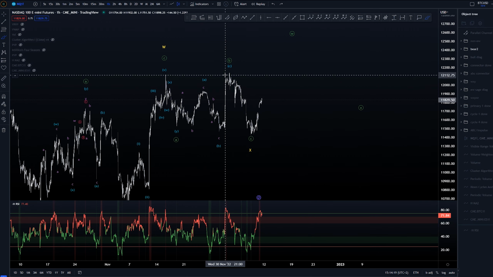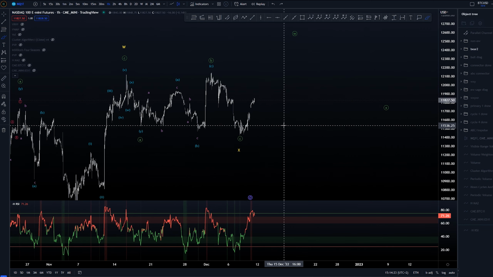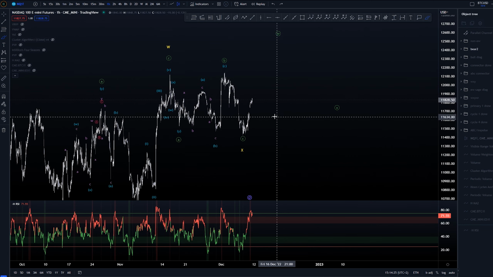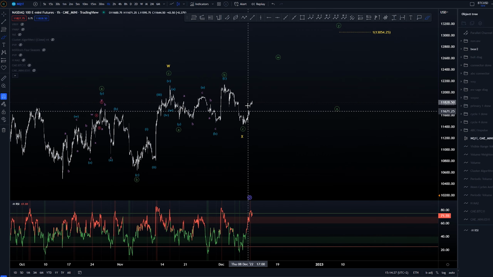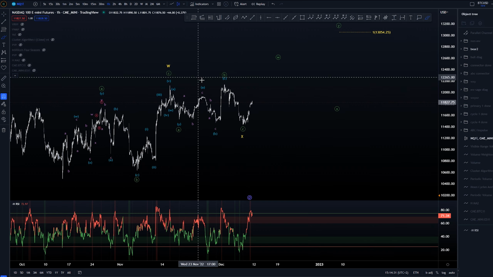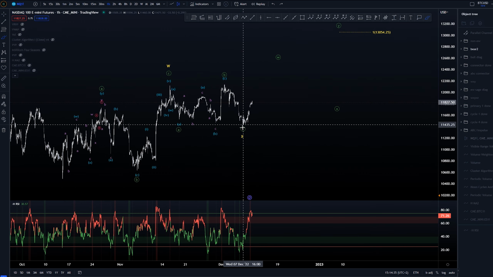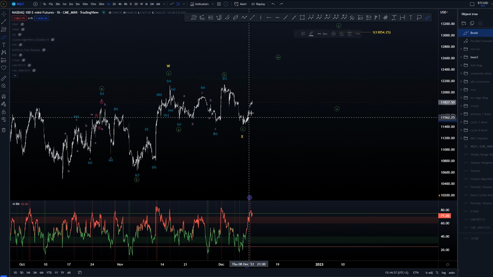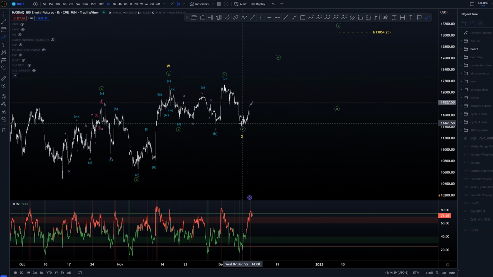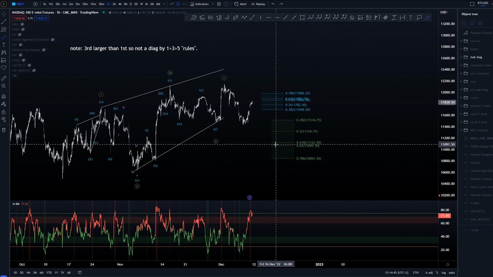At the moment, as mentioned, neither of these structures are very clear, so it is very much up to you how you would be playing this. But yeah, we have two different ideas here. One of them is saying that if we break this high, then this count is more likely. And if we break this low, then this count is more likely.